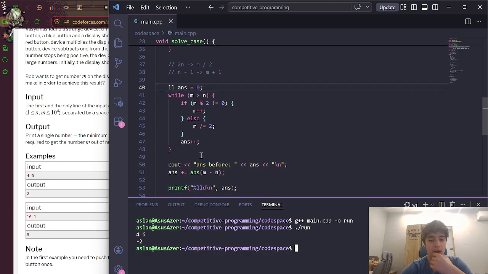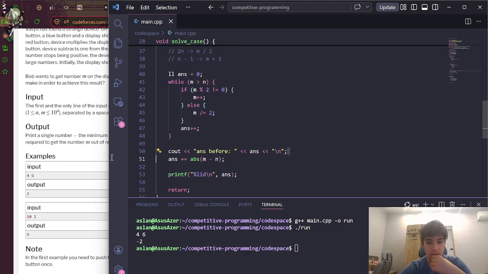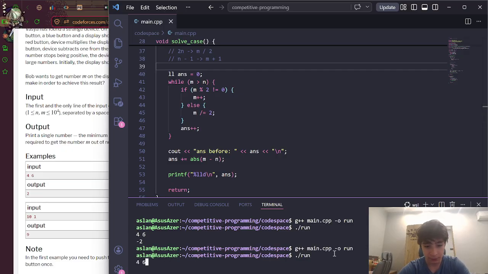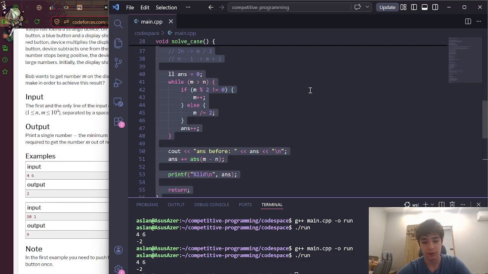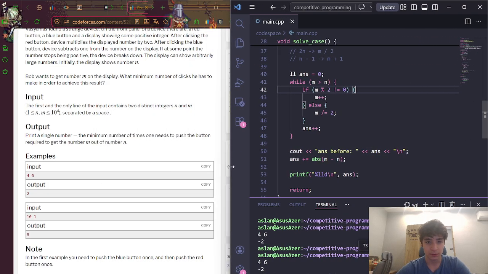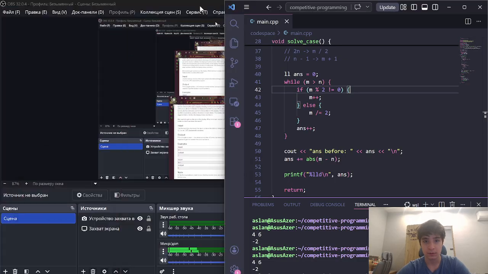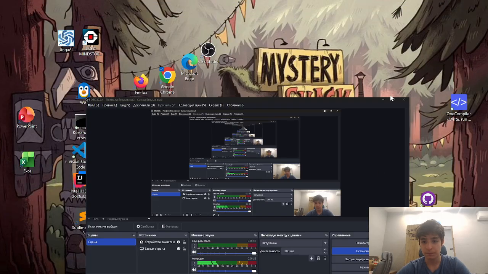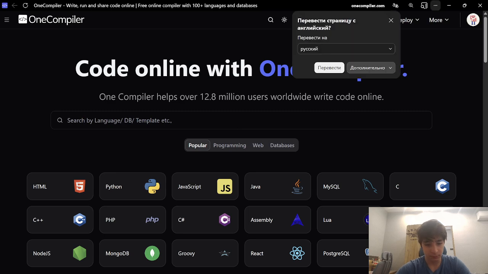I'm not glad. Okay, so what if I press Ctrl S again and I compile my file and then I run it? Holy crap. So let me try this on another type of compiler. Then I go to OneCompiler, C++.